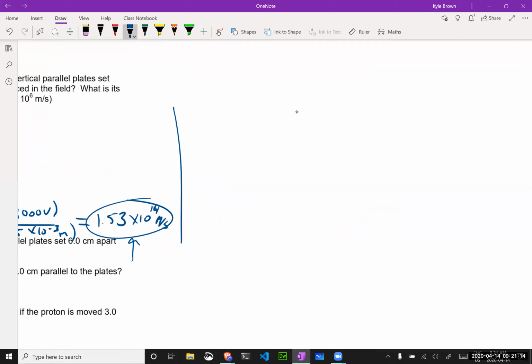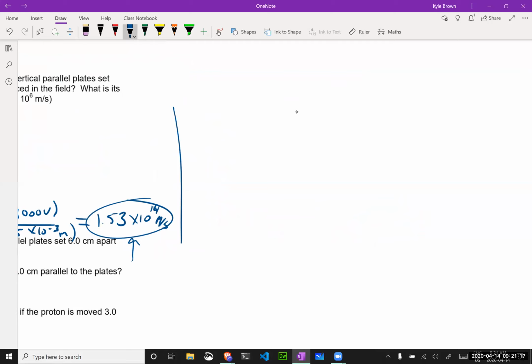So I could say, and we do this a lot more, so I'm going to do it this way as well. So finding the final speed, I'm going to say the potential energy before is equal to the kinetic energy after, right? Because at the beginning here, this was all potential to begin with, and it entirely turned into kinetic at the end. So I'm going to say those two guys are equal. Okay, and then EP, I have an equation for that. That's QV, just from your formula sheet.